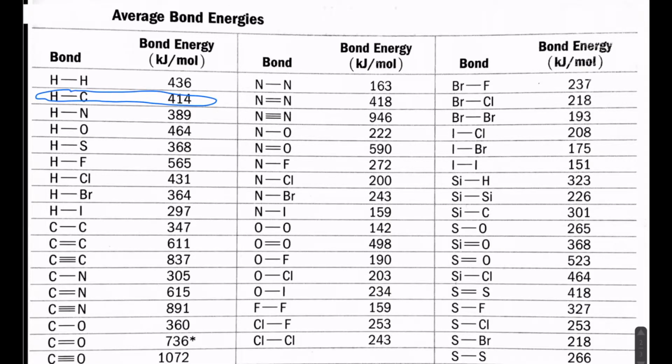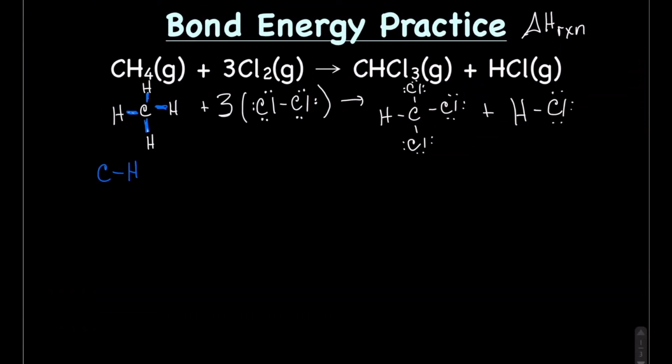And as you can see, a CH bond takes 414 kilojoules per mole of energy to break the bond. So we'll have 414 kilojoules per mole, and we have 4 of those. So we're going to be multiplying that by 4. And onward.